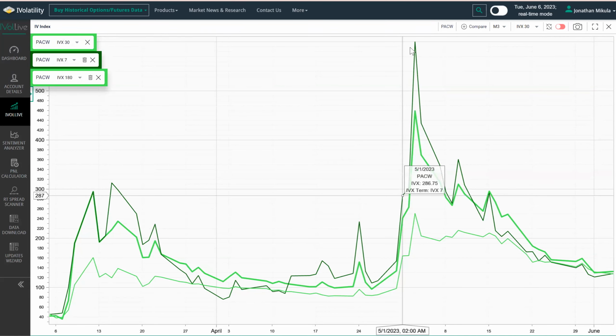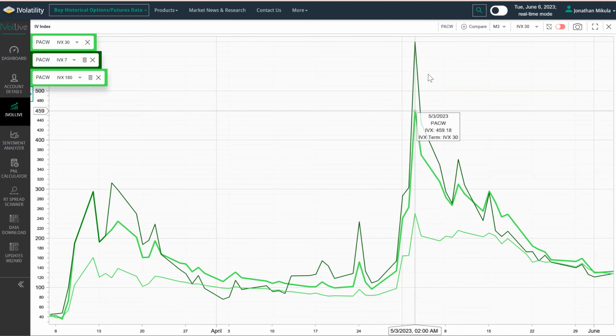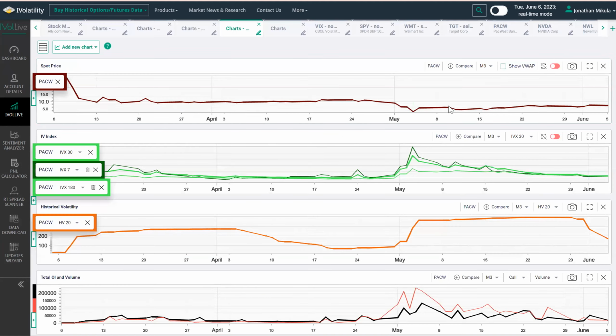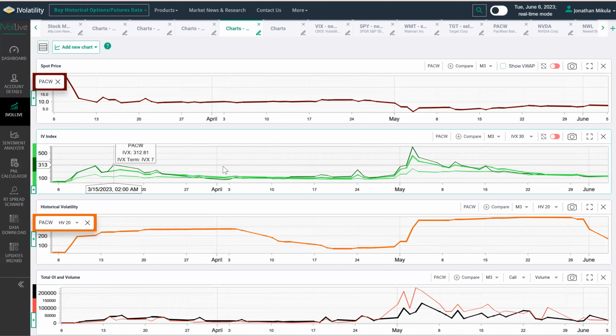I could have played the difference between short-term, mid-term, and long-term on the volatilities if I was confident that the stock wouldn't go belly up, of course. So I thought that was a very interesting chart, and you could do that for any name. It doesn't have to be PacWest, of course. You could compare these different volatility time frames for anything. We could do Walmart, Newell, whatever stock you're interested in.